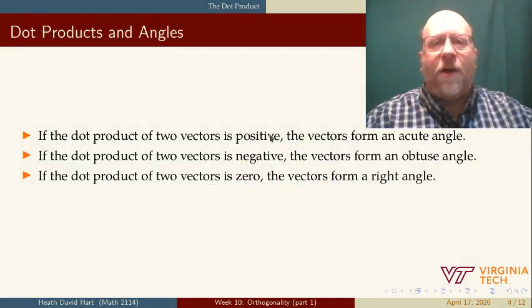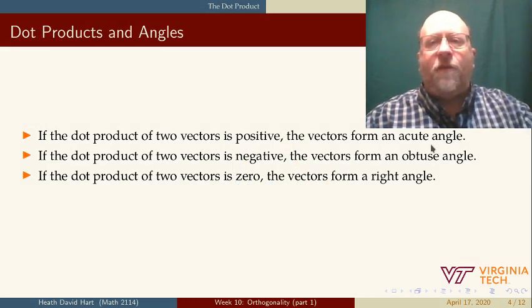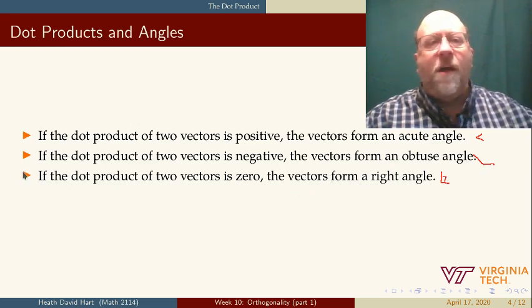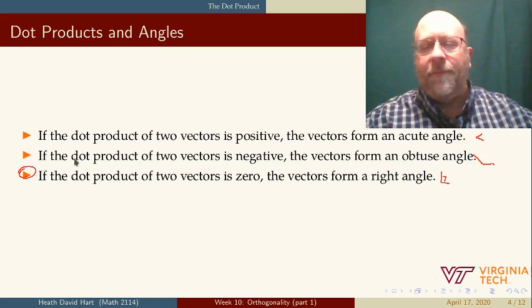If this dot product is positive, the vectors form an acute angle. If the dot product is negative, they form an obtuse angle. And if the dot product is 0, they form a right angle, a 90-degree angle. A lot of people know this fact, but they don't know these other two facts.